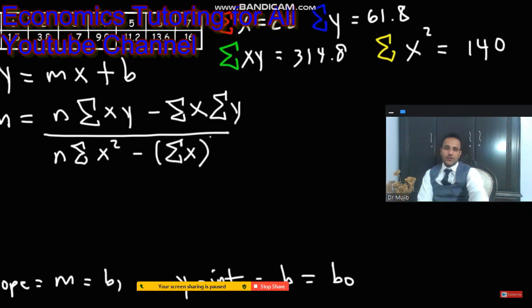So keep in mind, summation x square is not equal to summation x whole square. N is the number of observations given, and that is 7.